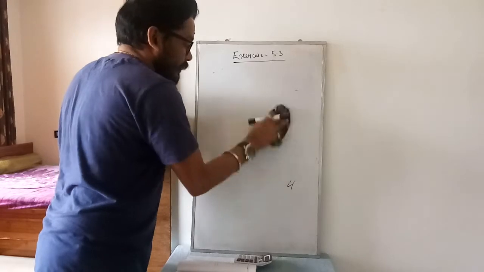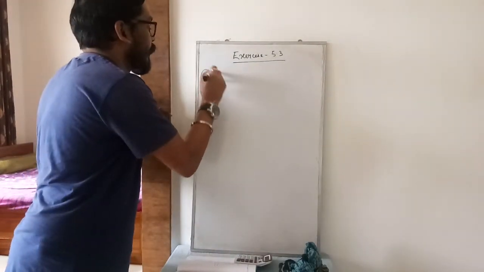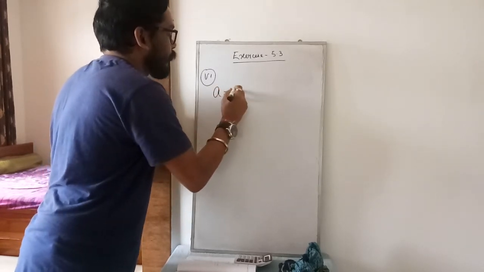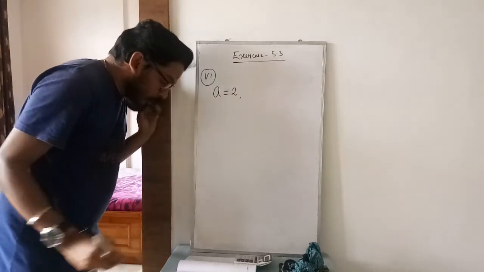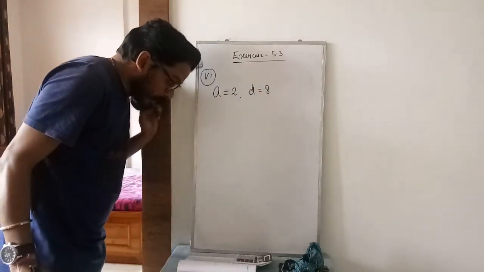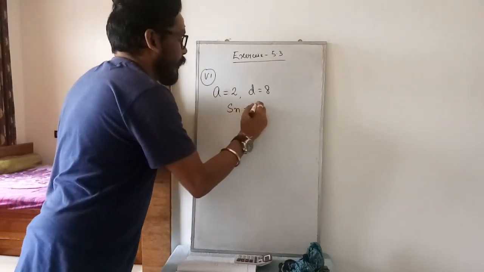Now we will go for question number 6. So what did they say? They have said the value of a equal to 2, d equal to 8, and S_n given as 90. So S_n equal to 90.